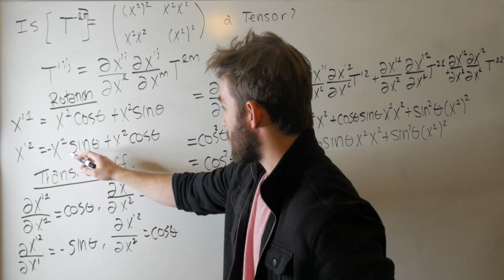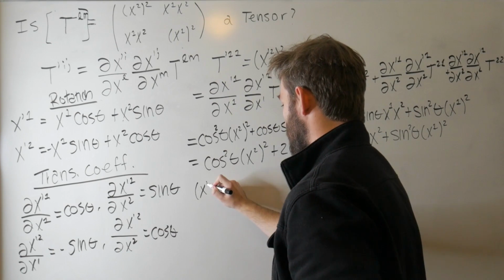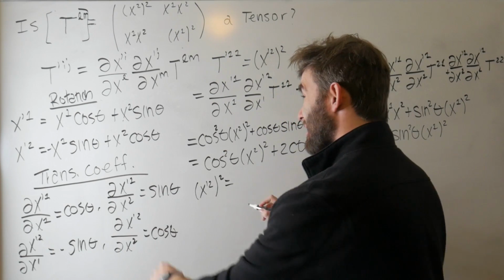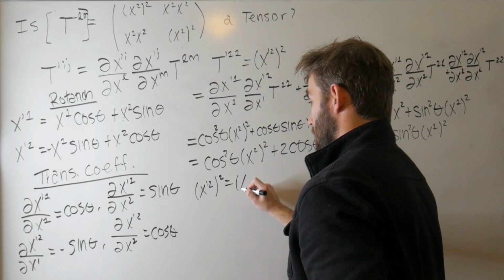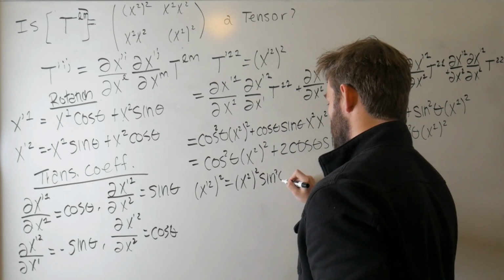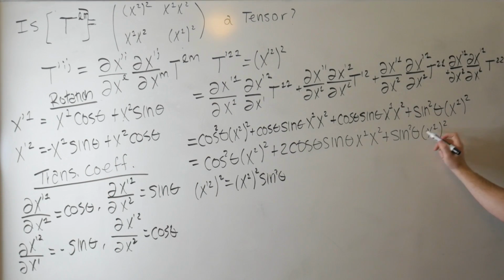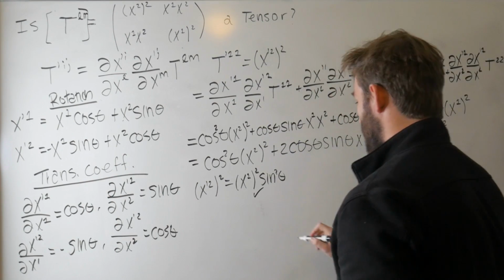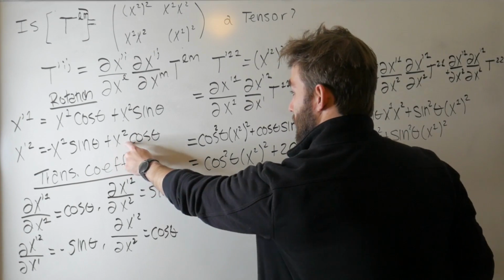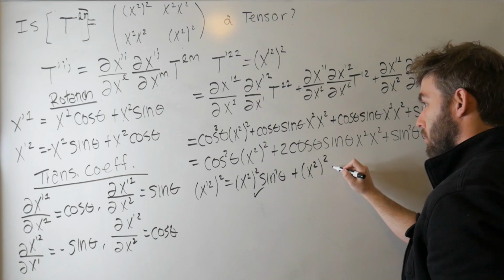So the square of the first term is going to give us an x1 squared. So x prime 2 squared is equal to x1 squared sine squared theta, because the negatives cancel, and that looks good so far. And then we've got a plus x2 squared cosine squared theta.